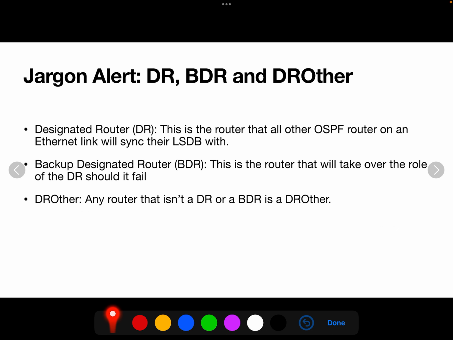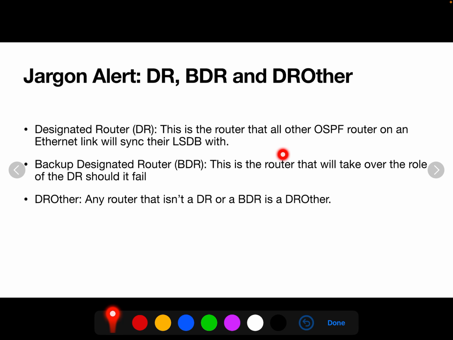So, jargon alert and a jargon buster here. We've got three terms that I want to break down. First, the designated router, DR. This is the router that all the other OSPF routers on an Ethernet link will sync their database, their LSDB, with.